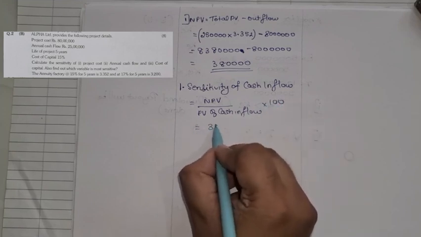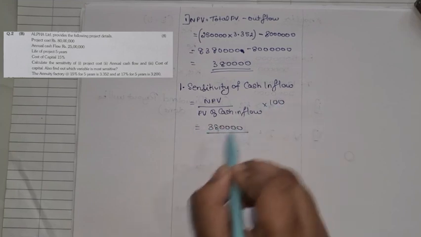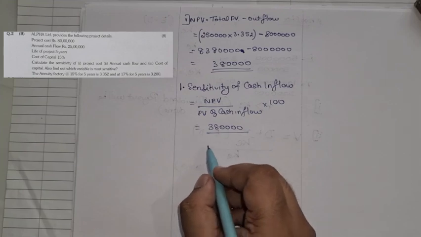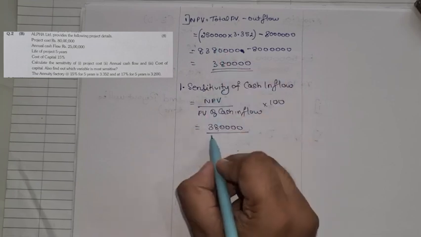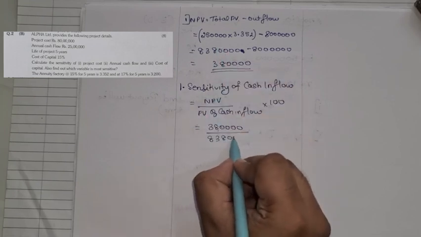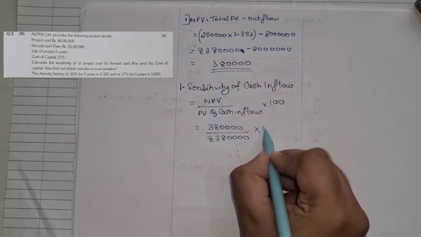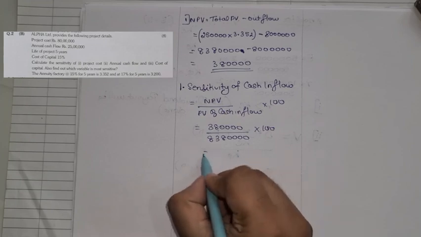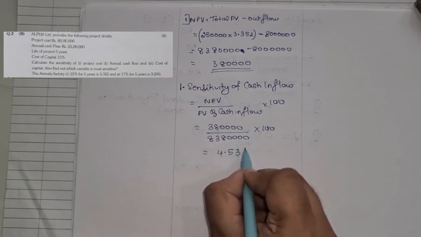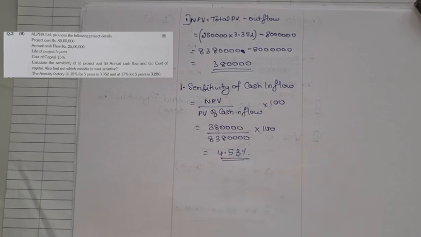So that will be 3,80,000 upon present value of cash inflow, which was 83,80,000, into 100, which comes to 4.53%.